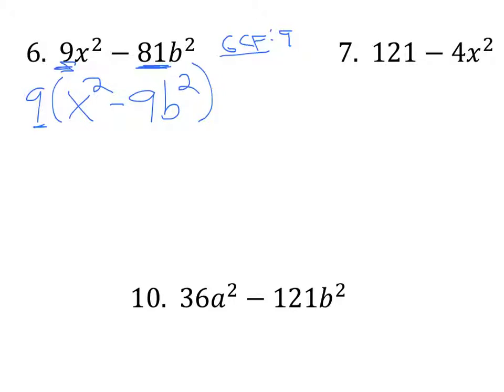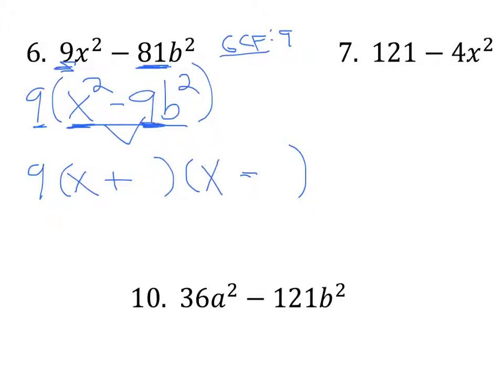But I do have a quadratic inside. This right here is a difference of two squares. 9 is on the list, right? 3 times 3 is 9. So I'm still going to bring down this 9. Now I'm going to have plus, and I'm going to have minus. So it's the difference of two squares technique. If it's x squared, that means the first term has to be x in each.